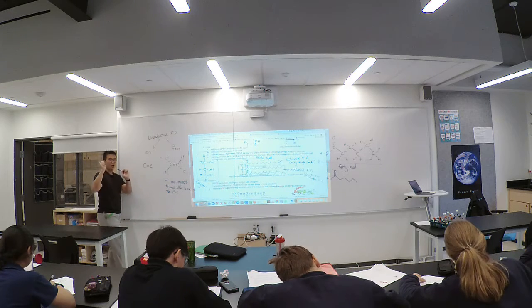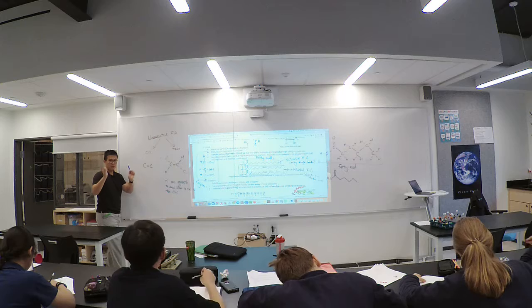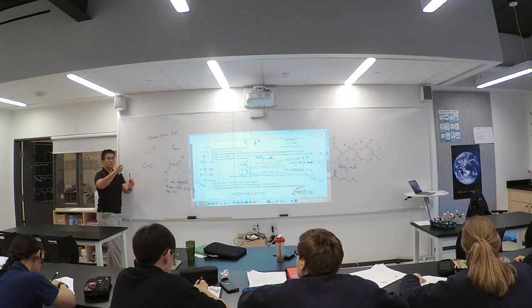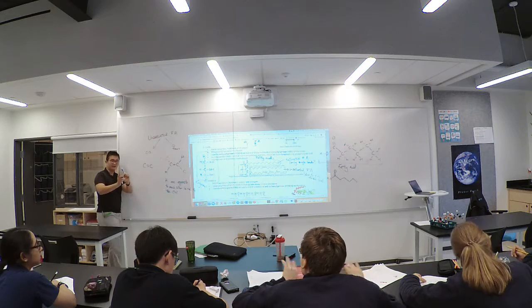Cis, if trans is opposite to each other on the double bond, what does cis mean? They're next to each other? Not next to, but the same side of the double bond.